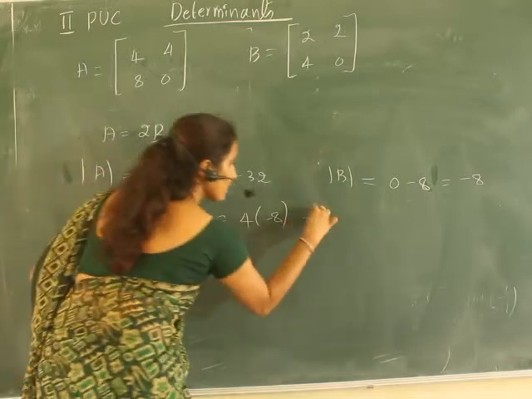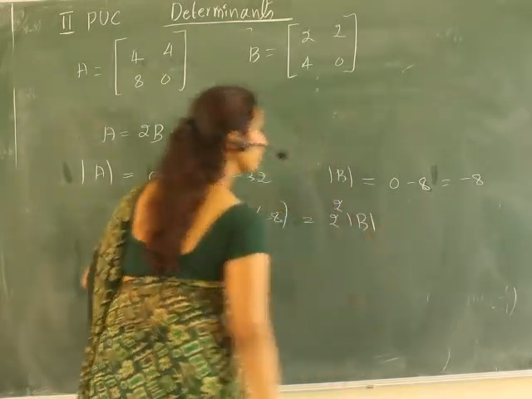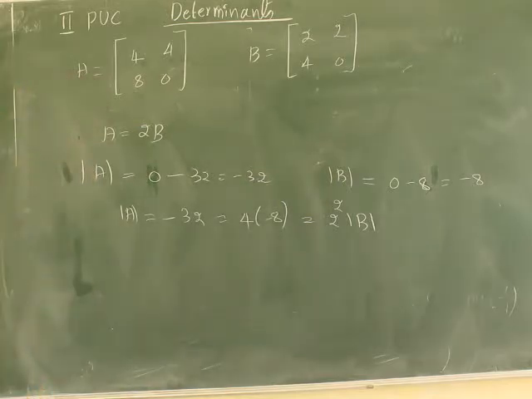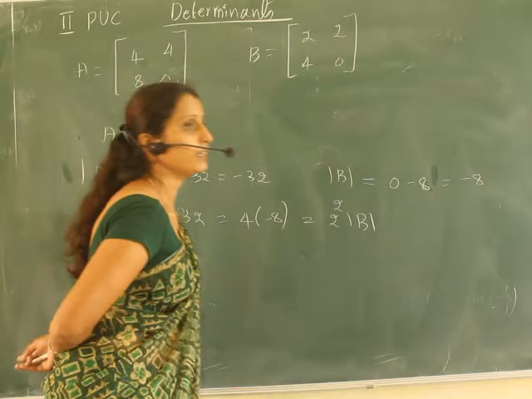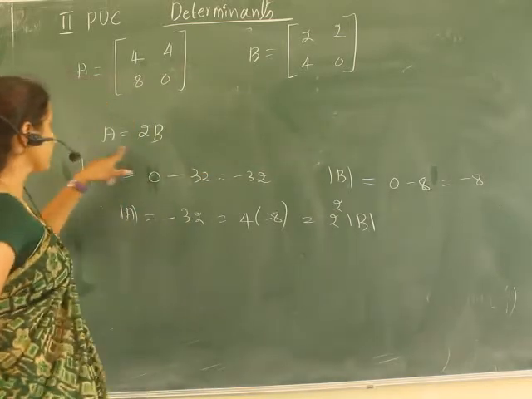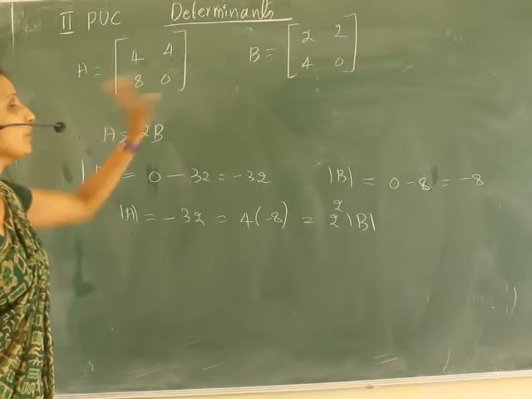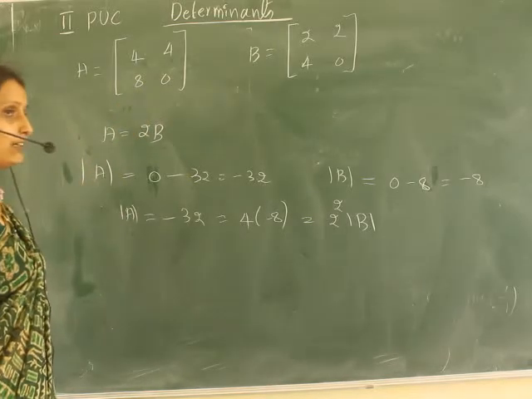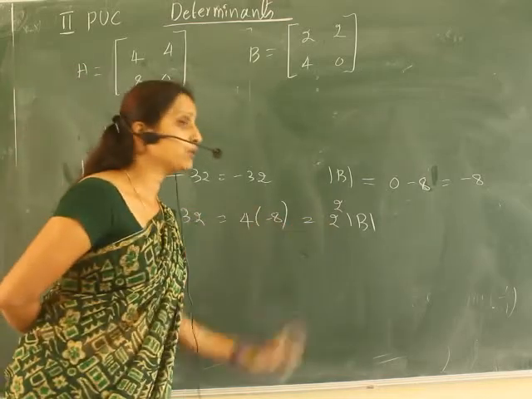So what is this? 2 square into determinant of B. So now we can see the relation: determinant of A is equal to 2 square determinant of B. Already we have the relation between the given two matrices, A is equal to 2 into B, and after finding the determinant, we see determinant of A is equal to 2 square into determinant of B.